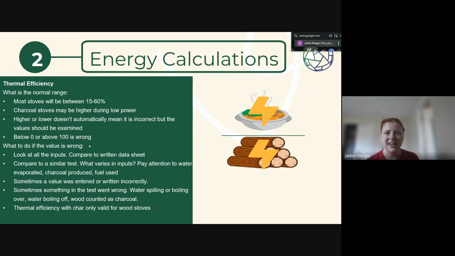If I can't find anything that way, then I'm going to pull up a similar test. So maybe I've done a test on this stove or a similar stove and had results that I trust. And then I can compare my inputs and outputs with that stove and see what varies between my inputs, what's throwing it off that's making this one 80% and my trusted test at 40%.